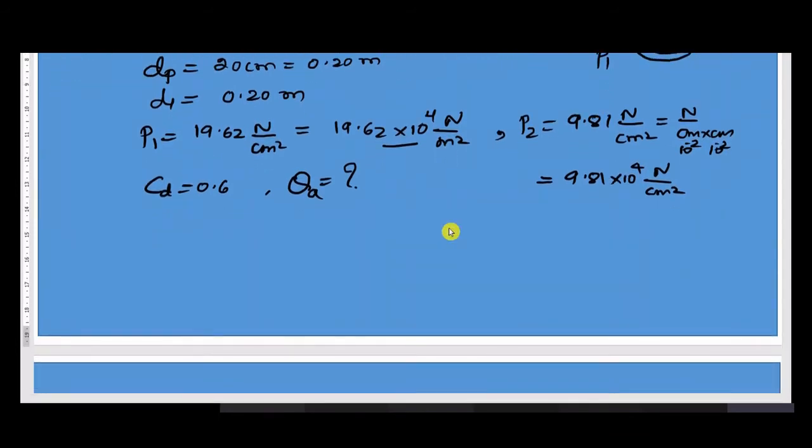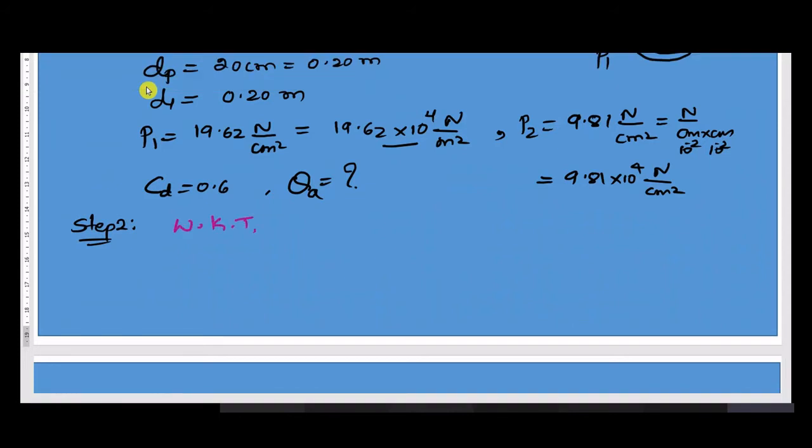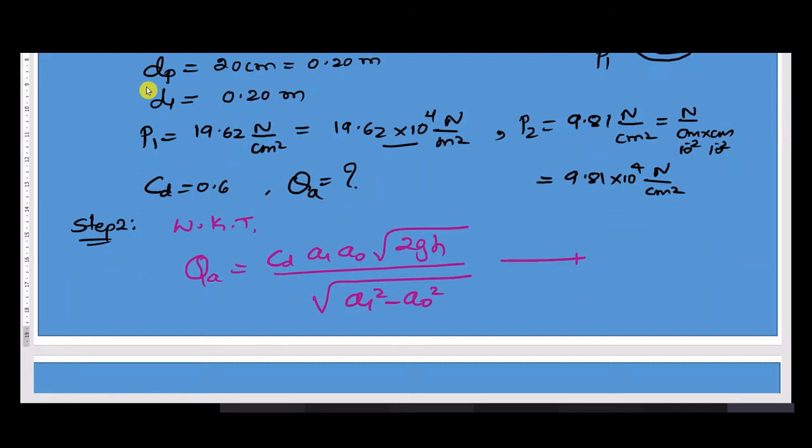Now we will go to step 2. We know the formula for calculating the actual discharge of the orifice meter: QA equals CD, A1, A0, square root of 2GH, divided by square root of A1 square minus A0 square. So this is the formula for calculating the actual discharge of the orifice meter.